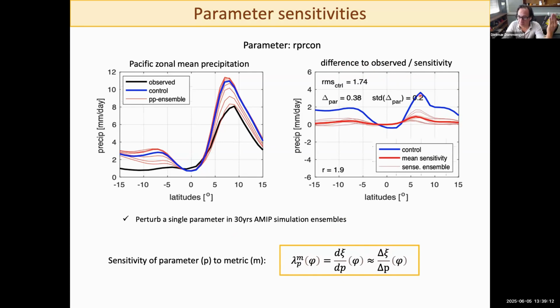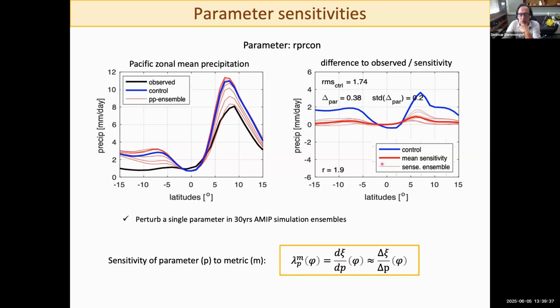You can see by how big is the problem in the control one. And the red curve, the solid one, is our mean sensitivity based on these experiments. So we can see clearly here that it can change the precipitation quite clearly in the northern hemisphere. And this is shown here that we have a sensitivity that is different from 0. We also have a sensitivity in the southern hemisphere, but a bit smaller, and almost no sensitivity on the equator.